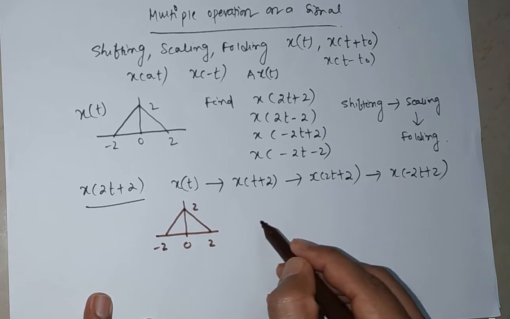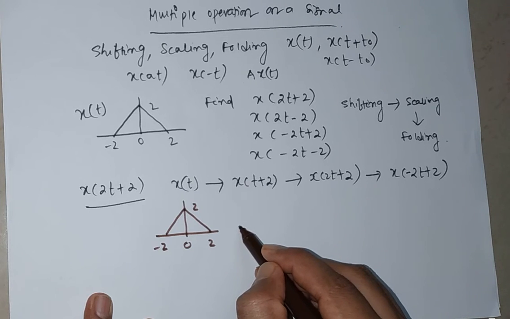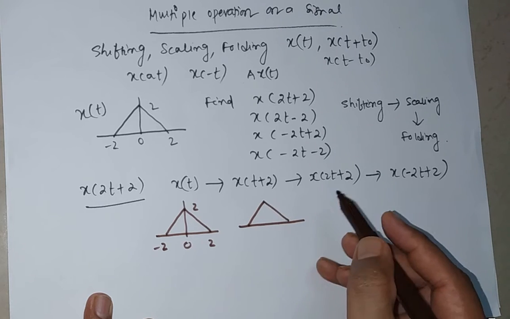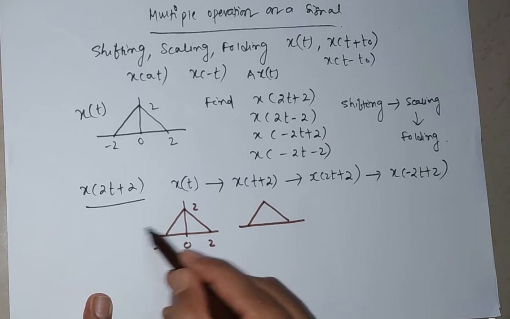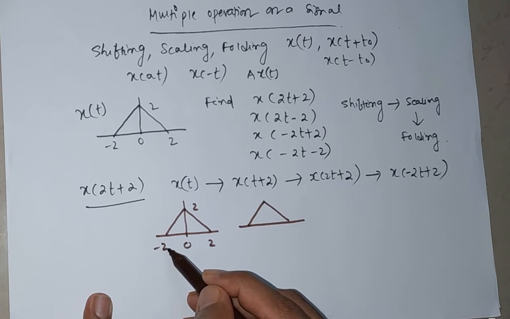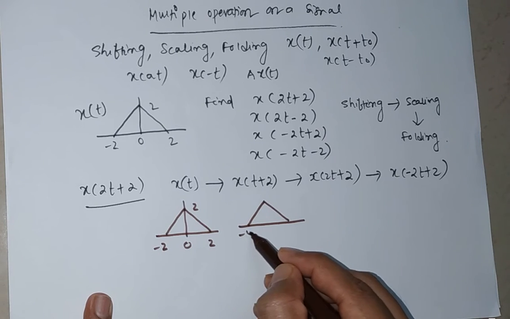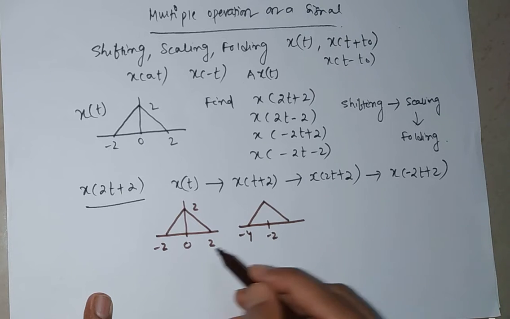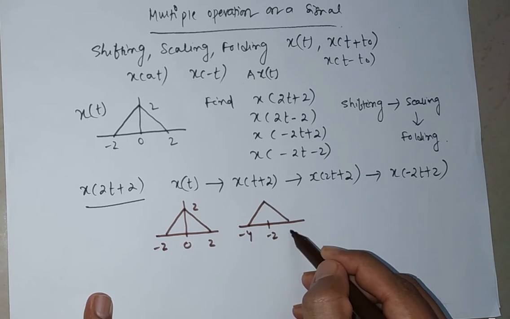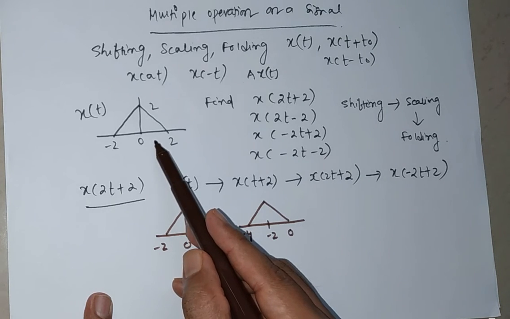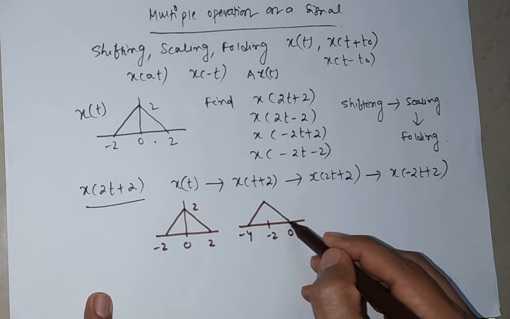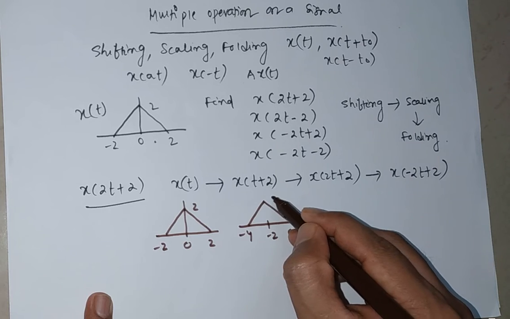T plus 2 means it's an advance, and advance means it will shift left hand side, 2 units. So minus 2 becomes minus 2 minus 2, minus 4, and 0 becomes 0 minus 2, minus 2, and 2 becomes 2 minus 2, 0, because x of t is shifting left hand side 2 units. Clear? So this is your x of t plus 2.